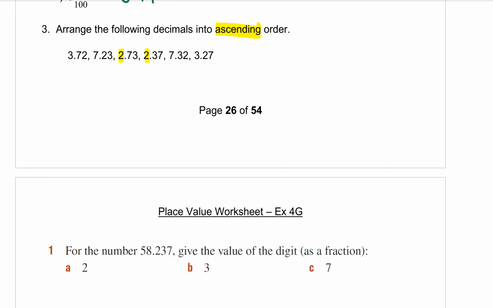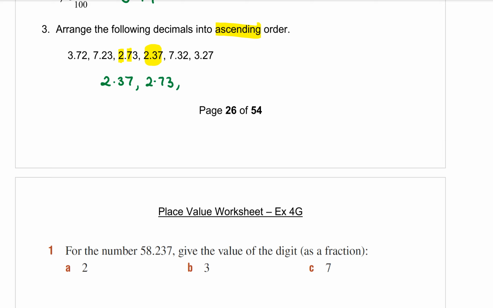Those ones are the smallest. But out of those two, we now need to look at the tenths position to see which one's the smallest. And 3 is smaller than the 7. So that means this number here is the smallest number to start with. So 2.37 is the smallest.